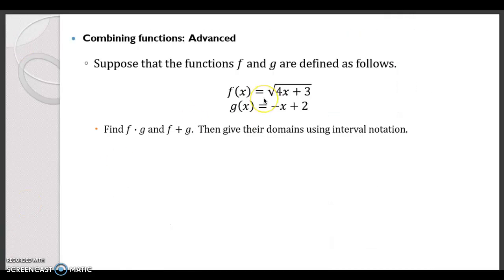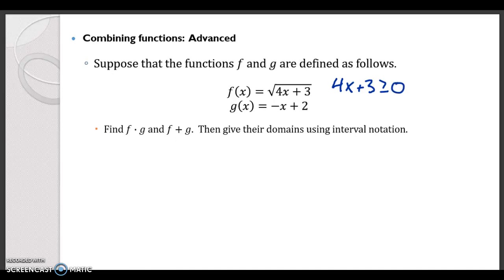Let's take a look at these functions. f of x equals square root of 4x plus 3 and g of x equals negative x plus 2. And let's talk about the domain of these functions first. Well, when we find the domain of the function f, we say that the inside of the square root needs to be greater than or equal to 0, right?